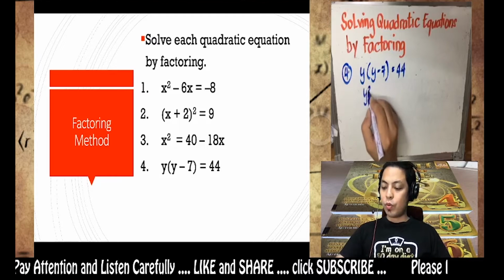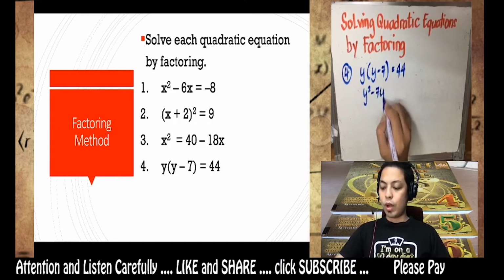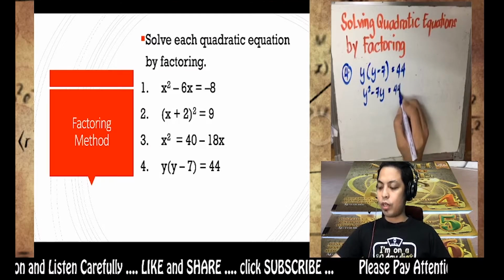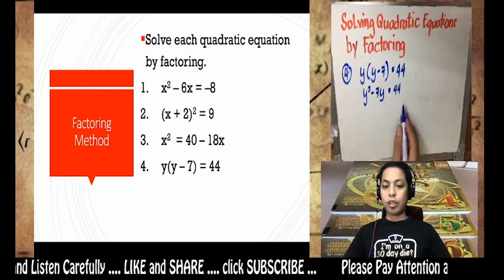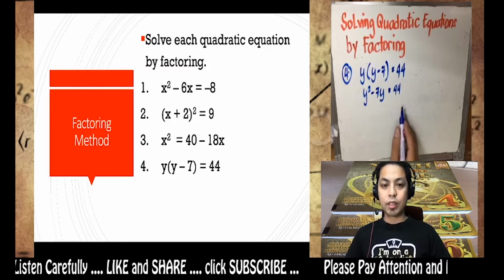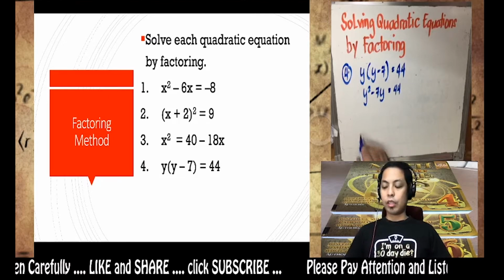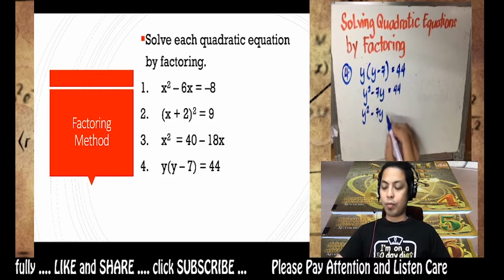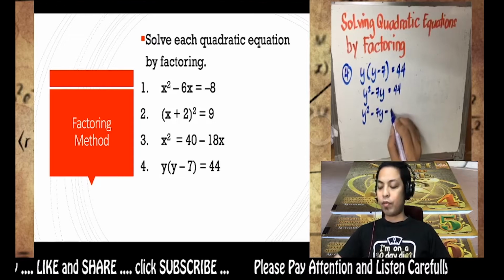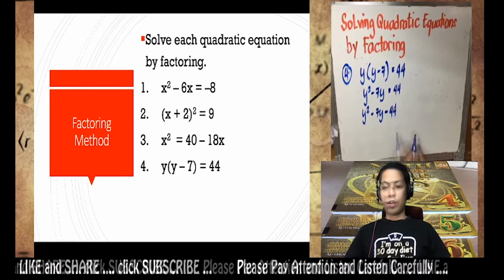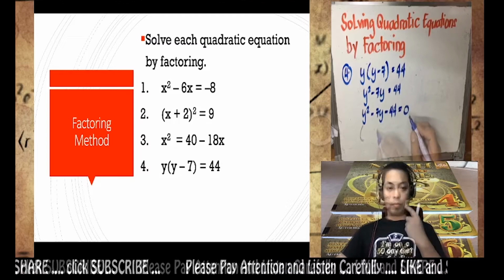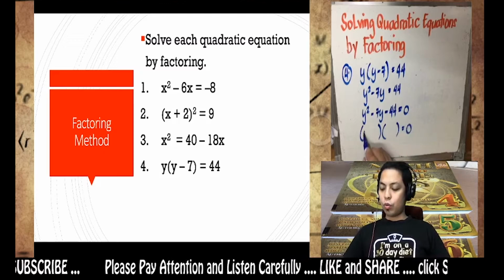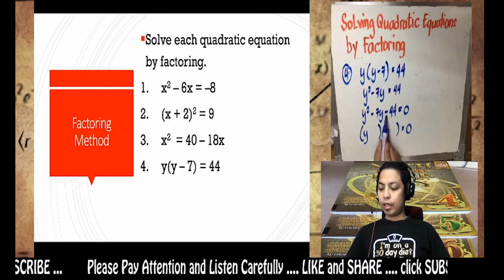So we have y squared minus 7y by distribution is equal to 44. Since it is not yet arranged in ax squared plus bx plus c is equal to 0, arrange muna natin siya. So y squared minus 7y, lipat lang sa kabila si 44, positive, magiging negative 44, equals 0. So by factoring, okay, so y, negative, negative.